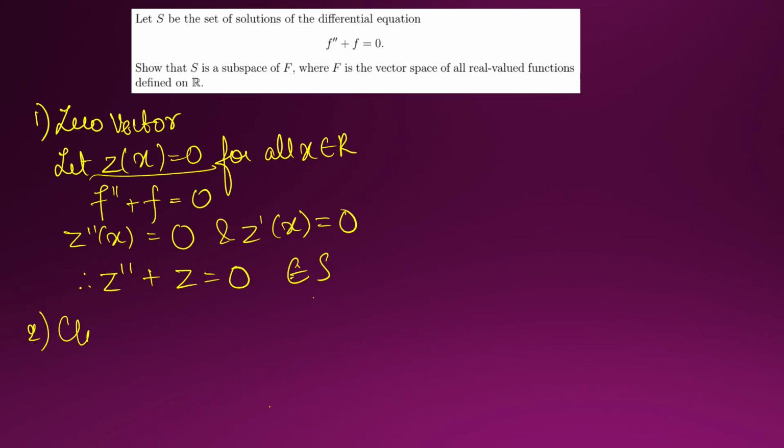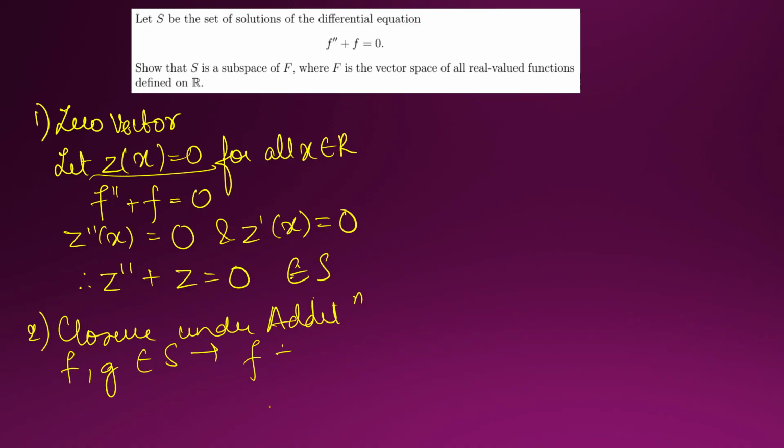Second, closure under addition. In this, we are saying if f, g belong to S, then f plus g will belong to S. So f double dash plus f equal to 0 and g double dash plus g equal to 0.